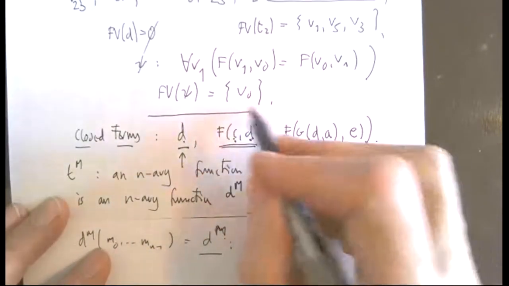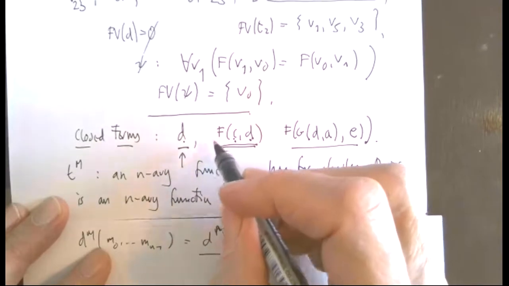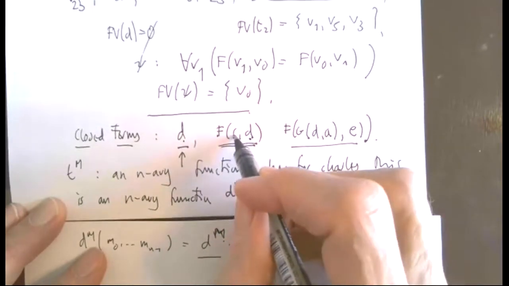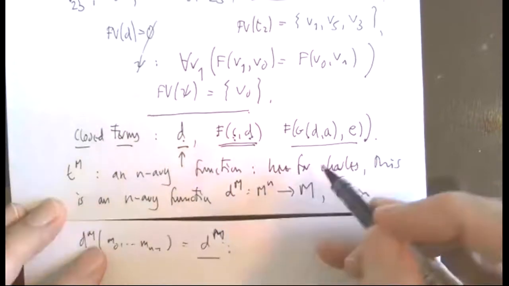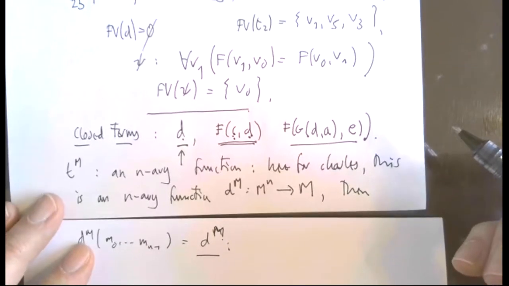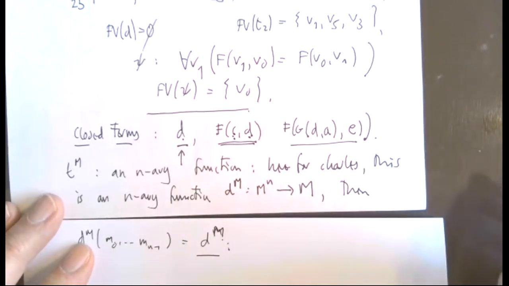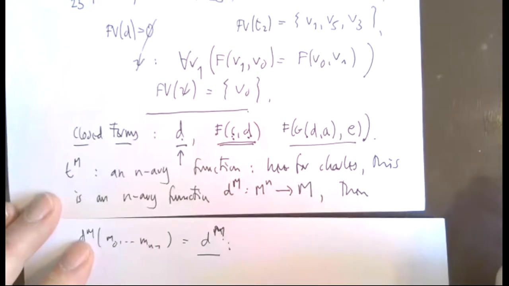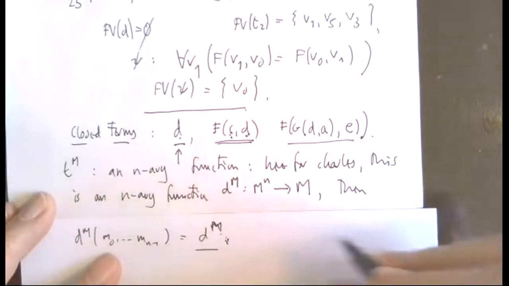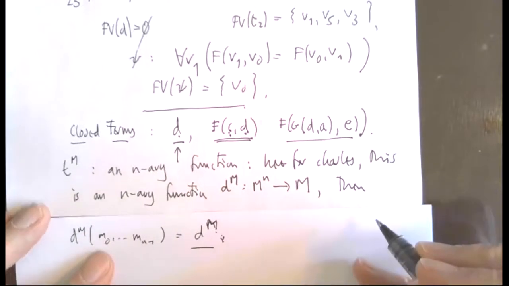So the n-ary function we get overall is just the interpretation of F applied to the interpretation of this constant symbol and this constant symbol. So again, it's constant. It's not a terribly important property to have, actually. If it hadn't been set, I would almost be saying, let's not bother with this one, right?